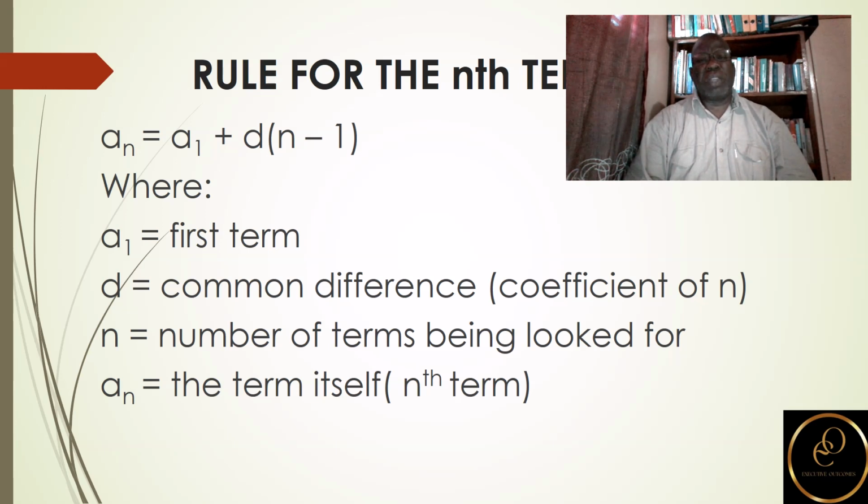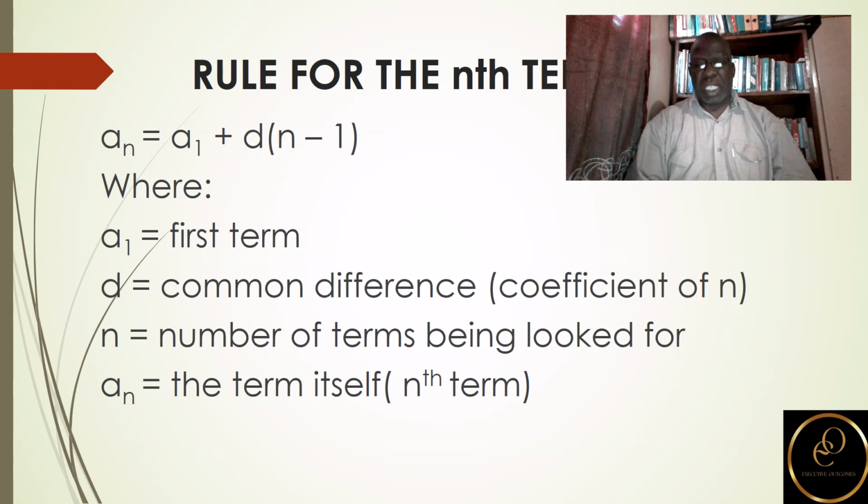The n is the position of the number we are looking for, and then subtract 1. So that's how you get that particular nth number in the arithmetic progression. So here we look at an example so that we see how this one is applied.